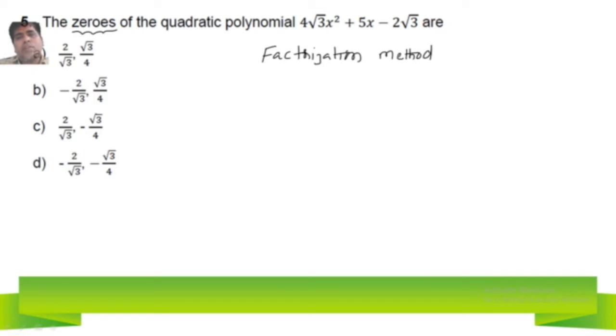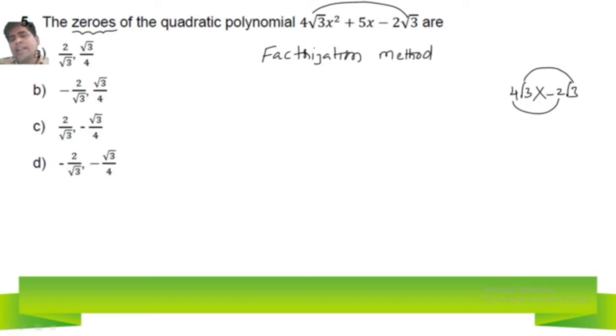In the factorization method, what will we do? We will multiply the x square coefficient with the constant. The x square coefficient 4 root 3 multiplied with the constant minus 2 root 3. So 4 2s are 8, and root 3 into root 3 is 3.